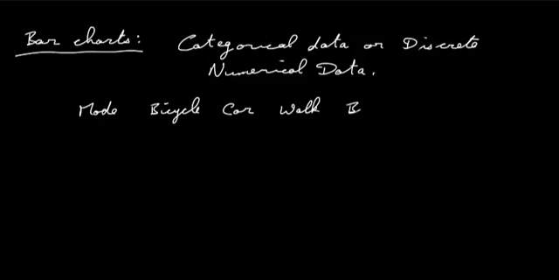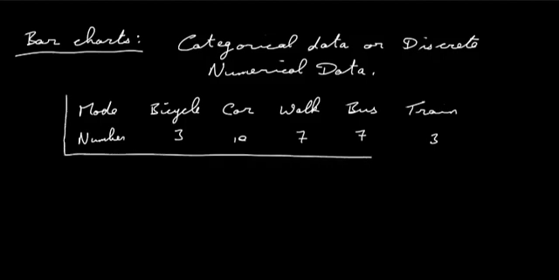They can go by bus. And let's put in train as well. So the number of people we're going to put here, or the frequency. Let's say 3 people travel by bike, 10 people by car. Let's say 7 walk and 7 go by bus, and we'll say 3 people go by train. So this is our frequency table here.